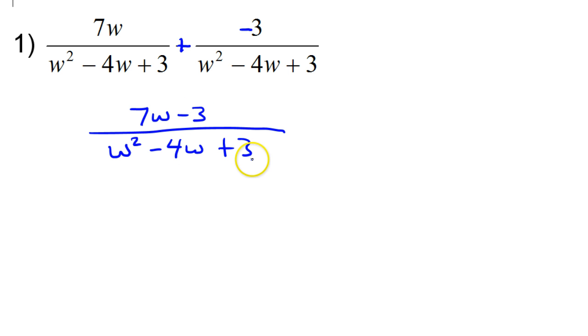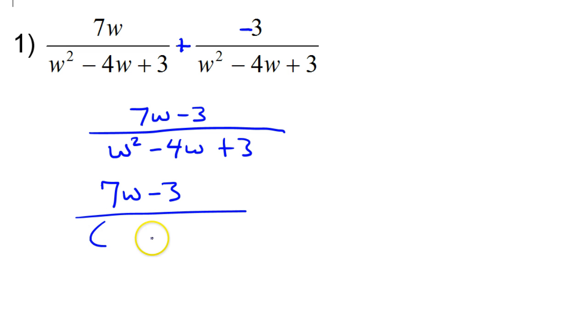Now this trinomial is the type of thing that often factors, so let's try to do that. So we have 7w minus 3, and the denominator, w squared, that would factor as w and w. 3 would be 3 and 1.